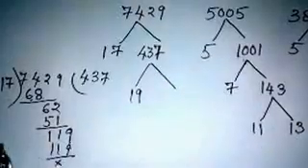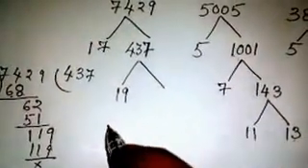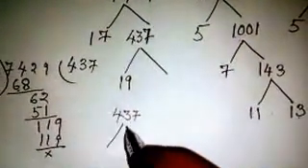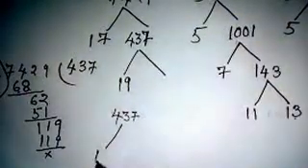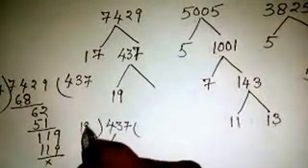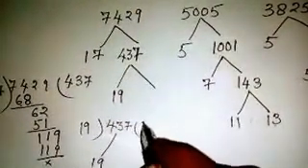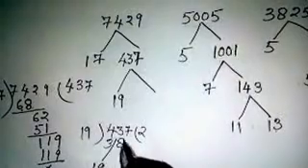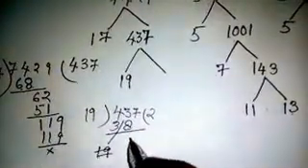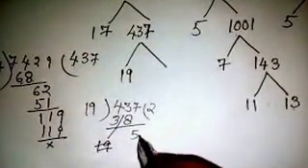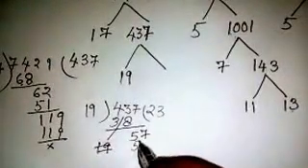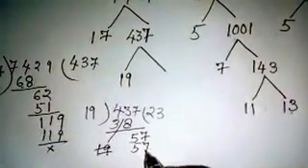If you divide this 437 by 19, 19 threes are 57.